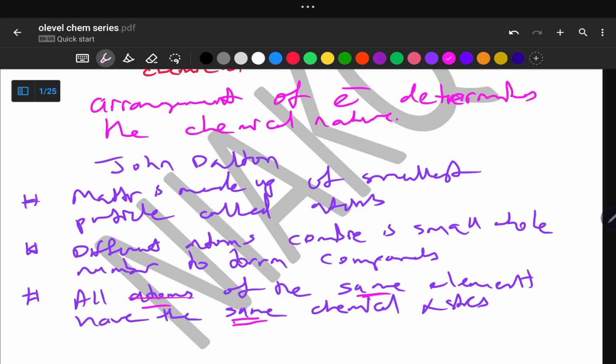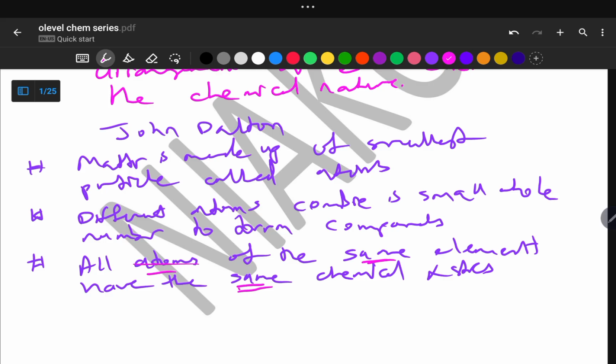So we have what we call isotopes. You must take note of this term, right?